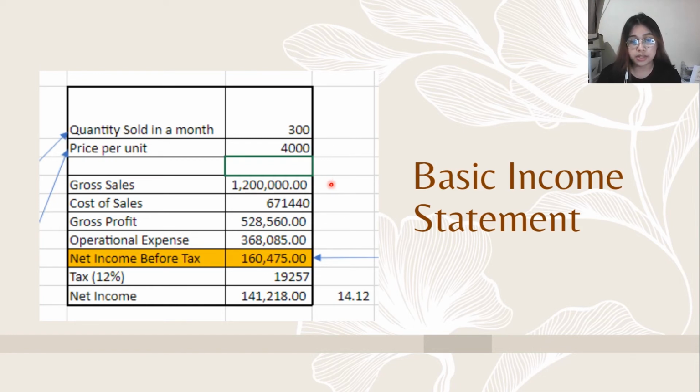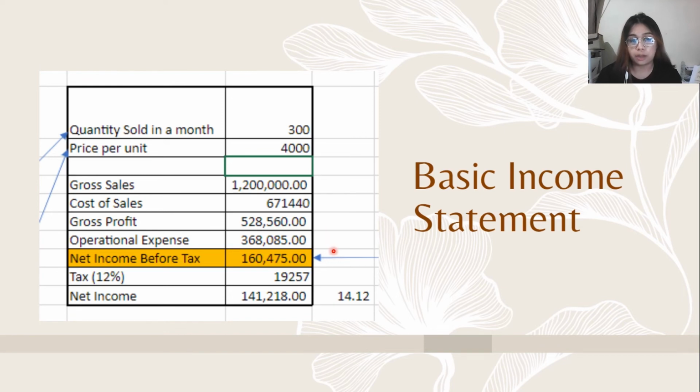The cost of sales is 671,440, which is the cost when we multiply the variable cost per unit and the quantity sold. Subtracting the cost of sales from the gross sales, we get the gross profit of 598,560. The net income before tax is 160,475 pesos, which is from subtracting the operational expenses from the gross profit.